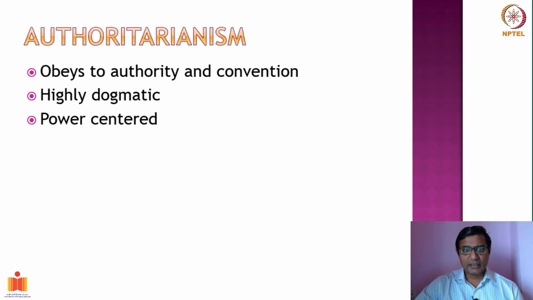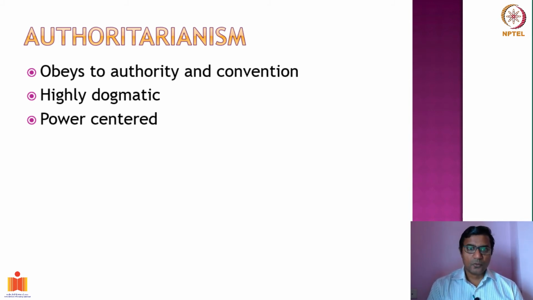There's a similar personality trait called authoritarianism. Authoritarianism is similar to dogmatism, like I said. People who are very high in authoritarianism easily obey authority, and at the same time they also like to exert authority on others.